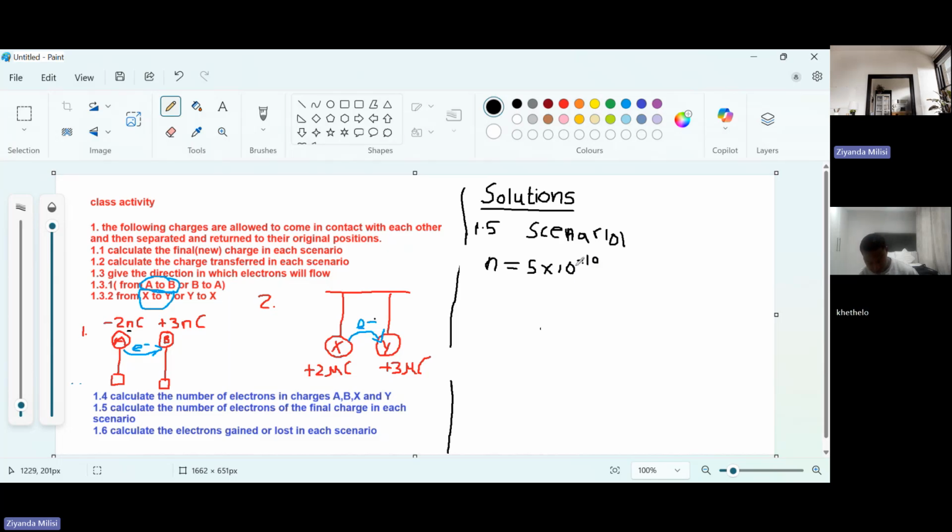Then you divide by 1.6. And what is the answer? Put your calculator on scientific mode.